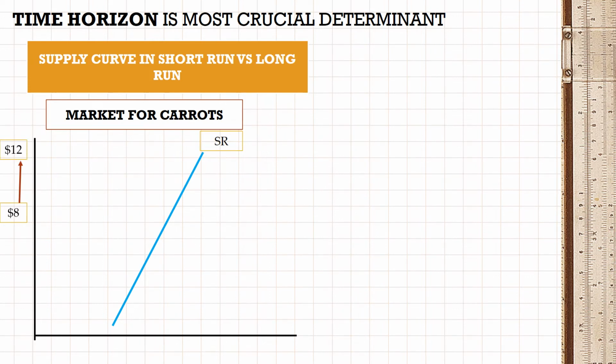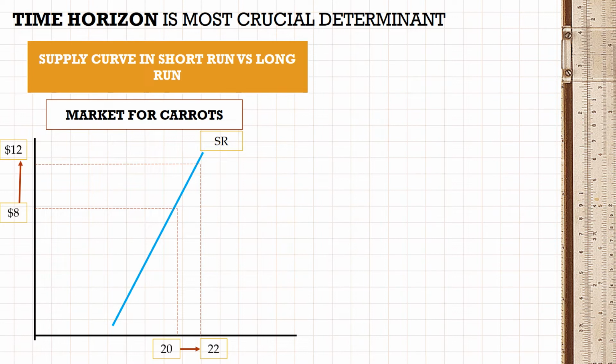Short run supply curve would be inelastic because as a supplier, if the market price of carrots is rising, you cannot just click your fingers and have a lot of carrots overnight, or within 2 days, or within a week. And you have limited land. You cannot increase the supply of any agricultural commodity overnight or within a month or within a few weeks.